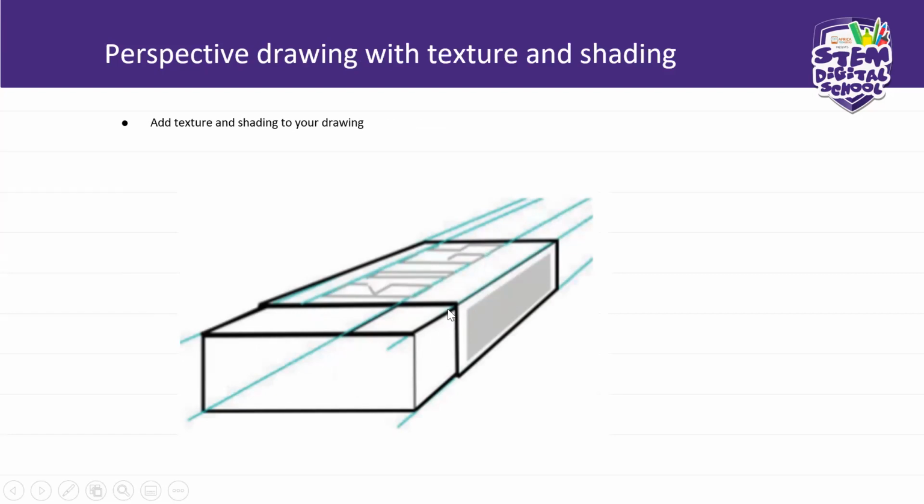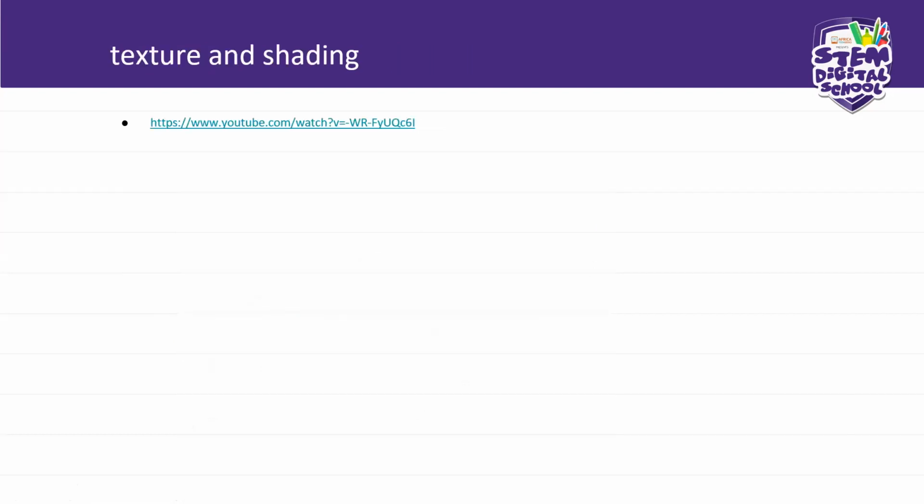You draw another line there, and this line is suggesting that this is a container. The shading will tell us that this is a container, and it looks like a pencil eraser. Then you have to practice shading and texturing.